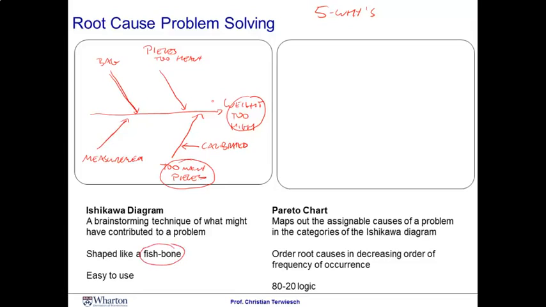Once you have mapped out the potential root causes, you go into the field and start collecting data about the actual defects. You then map out the defect occurrences, so the number of defects, for each of the types in the Ishikawa diagram. And that leads to a graph that looks like this. So you sort them by number of occurrences, with say too many pieces in the lead.